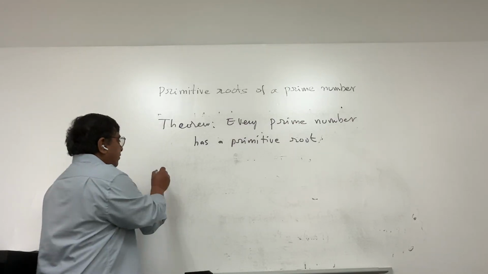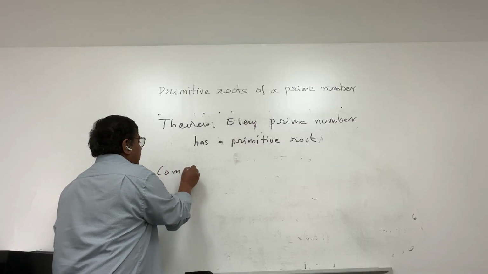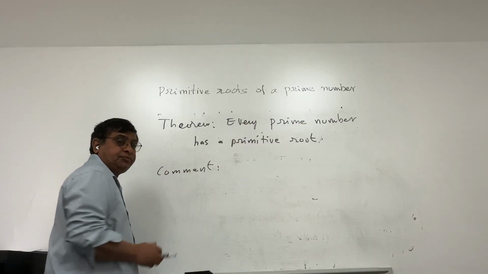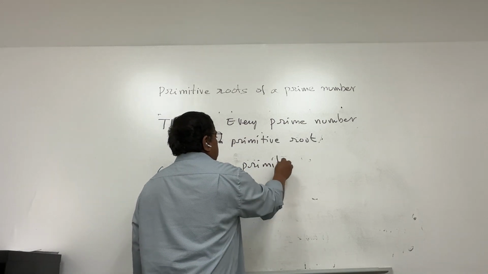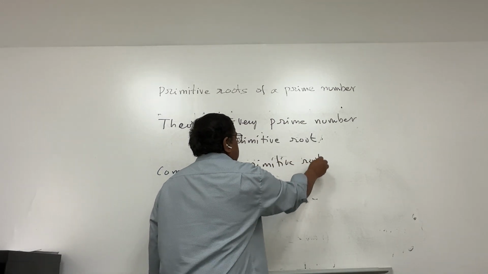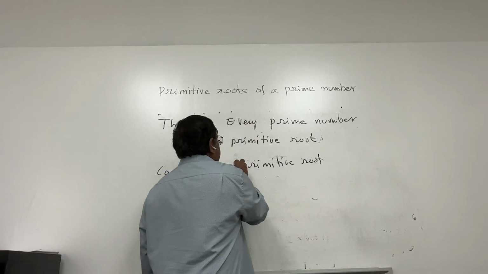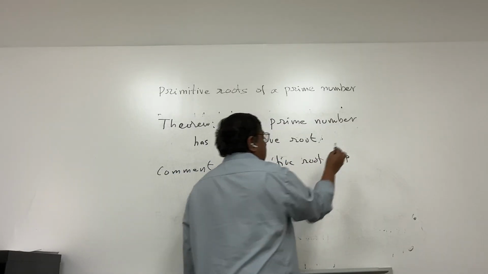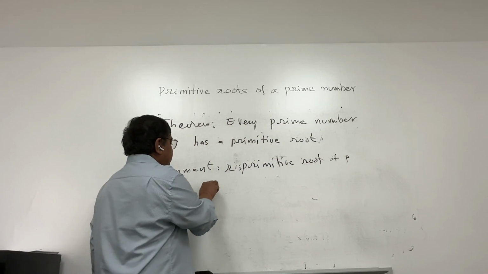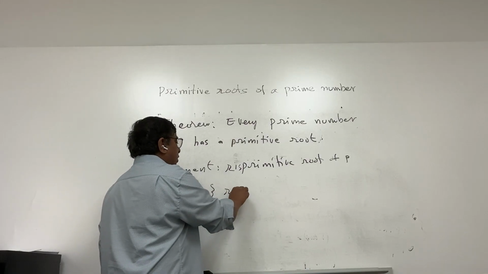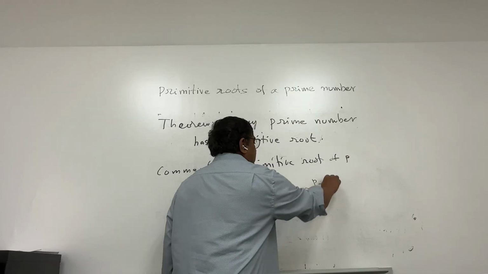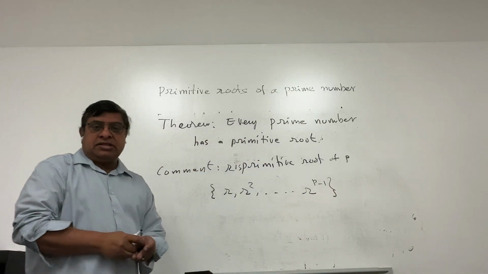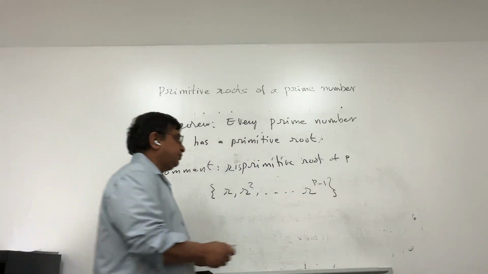A comment I have is, if we have a primitive root, r is a primitive root of p. As I mentioned, r, r squared, up to r to the power of p minus 1 would give you the list of numbers 1 through p minus 1.